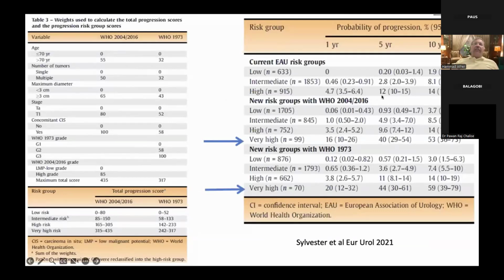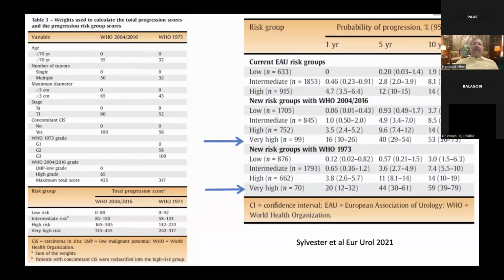Now, if you look at these tables, the one on the left side of the screen has the variables. One thing which has been introduced in the 2021 risk assessment was the age factor. Barring age, all the rest were the same parameters.